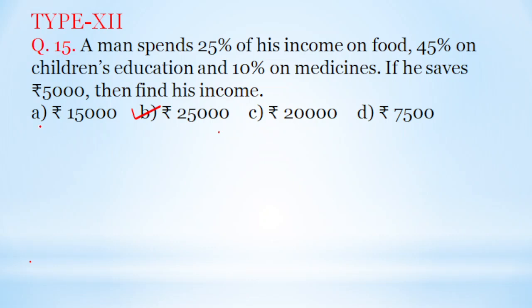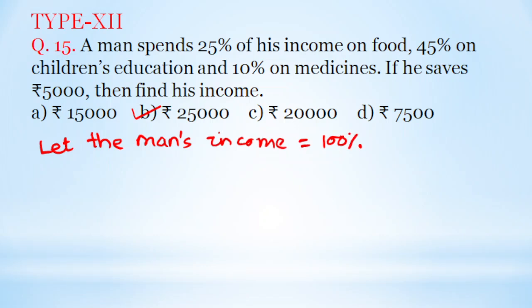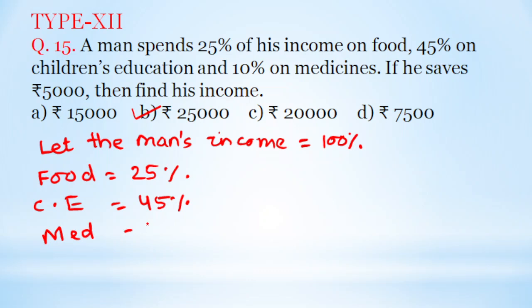Let the man's income be 100% and his expenditures: expenditure on food is 25%, expenditure on children's education is 45%, and medicine is 10%.